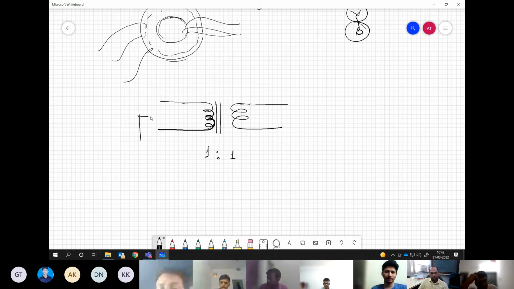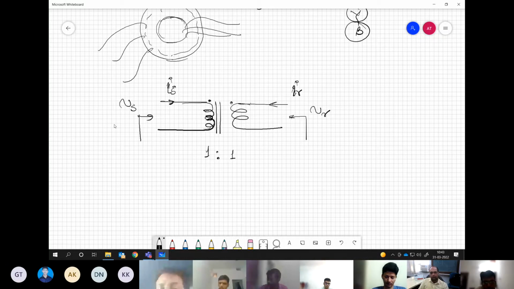This is what we are feeding from the stator side, the voltage Vs, and from the rotor side we are feeding the voltage Vr. We can have the dot convention also over here, and as a result of this supply we have current Is flowing. The current flowing here is Is and the current flowing there is Ir.